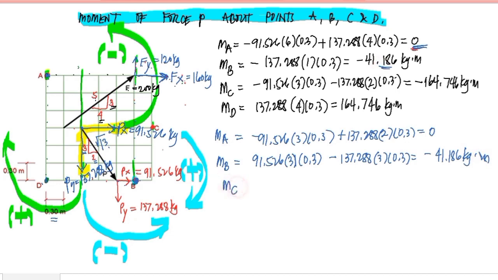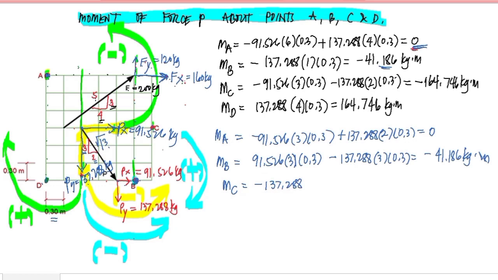And computing for the moment at point C, since this is point C, Px will hit point C, so therefore Px will not create a moment with respect to point C. And the Py will rotate counterclockwise with respect to point C, so therefore that's a negative moment. So Py, that's 137.288, multiplied by the perpendicular distance.